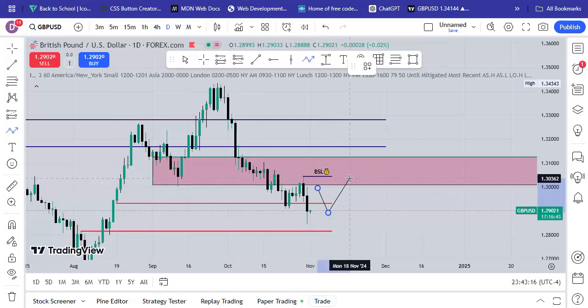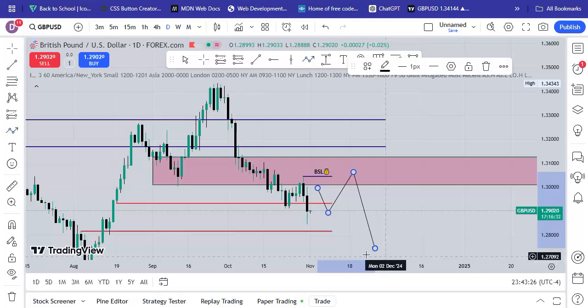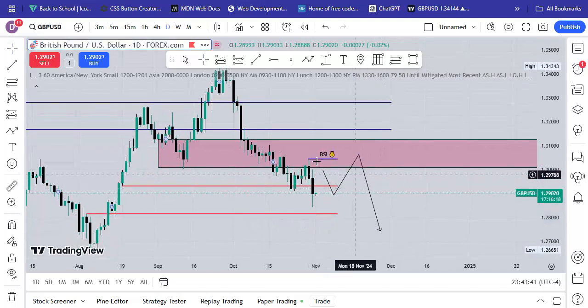Then we manipulate that high and then drop down. So if we have something like this, it is to confirm our conviction, to confirm our bias that we are beginning to respect bearish PD arrays.